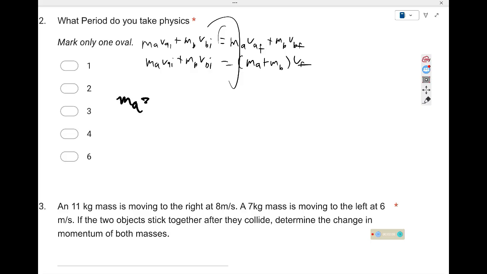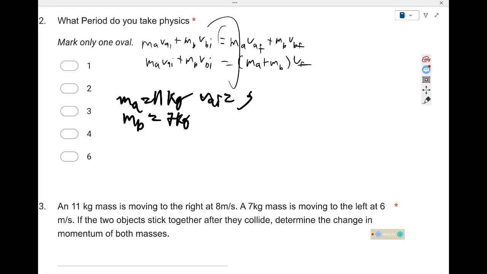Okay, so mass A here is 11. I'm not sure why that just switched to a significantly bolder one, but that's fine. Mass A is 11 kilograms. Mass B is 7 kilograms. The velocity of A at the beginning is 8 meters per second. No, it's not writing at all.